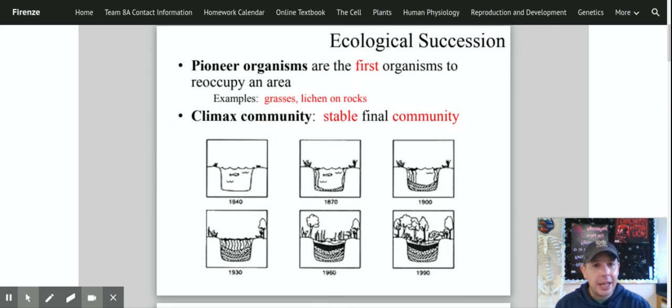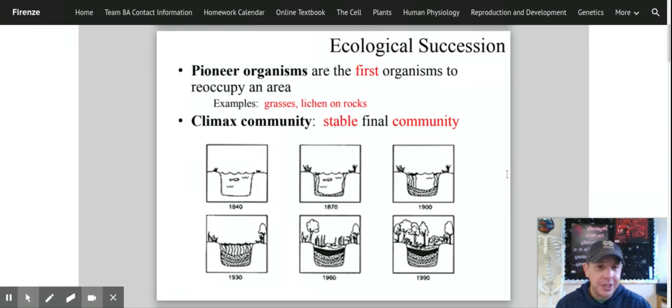Here's an example. That was a forest example. Here's an example of what would happen in a typical pond. You have pioneer organisms, which are the first organisms to come into an area, like I talked about earlier. Pioneer organisms, like our grasses and the lichens on rocks, and then finally we mature into a climax community.